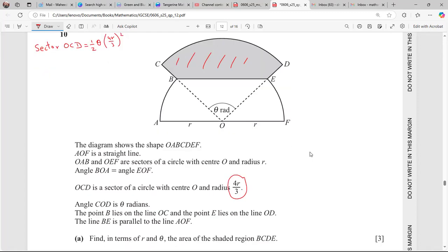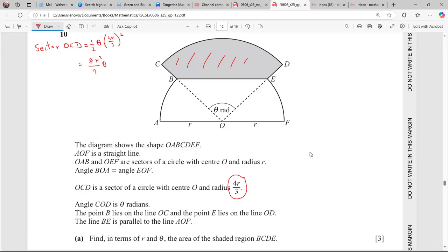So should I leave it as it is or simplify it a little bit? This is going to be 16 by 2, it is 8 r square by 9. So 8 by 9 theta r square. So this is the area of this whole sector.